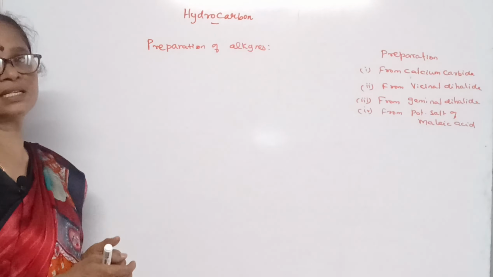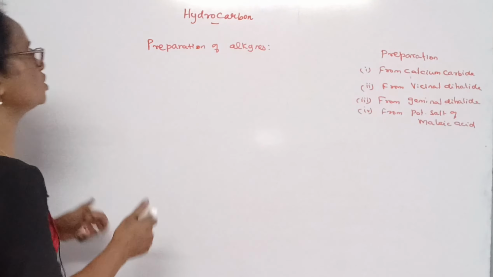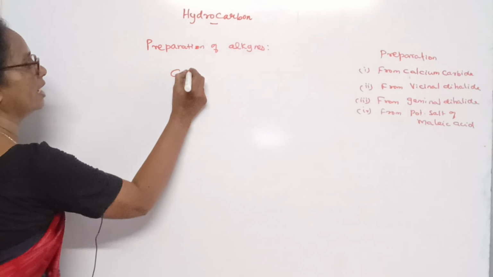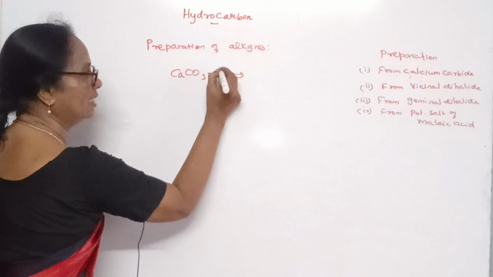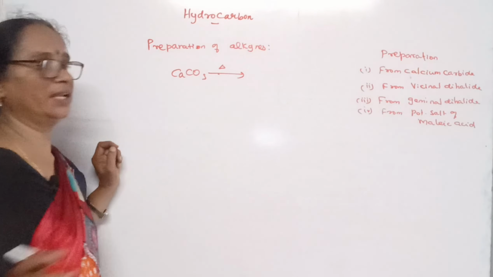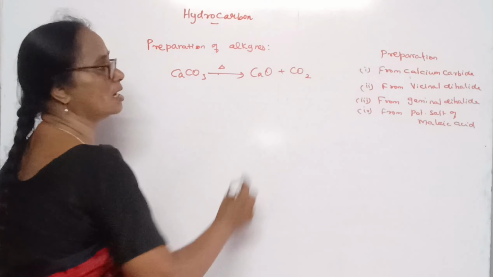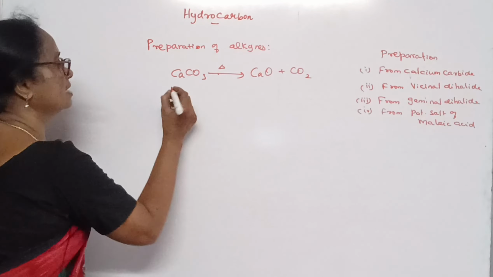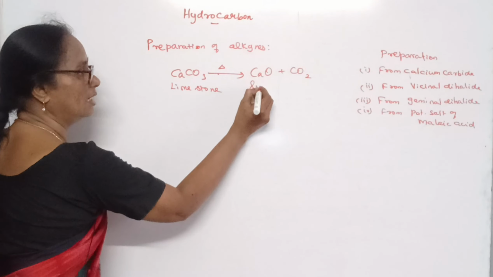Calcium carbide is CaC2, which can be obtained from limestone. Limestone has the formula CaCO3, calcium carbonate. When it is strongly heated, it gives rise to calcium oxide and carbon dioxide. This is limestone, and this is lime.